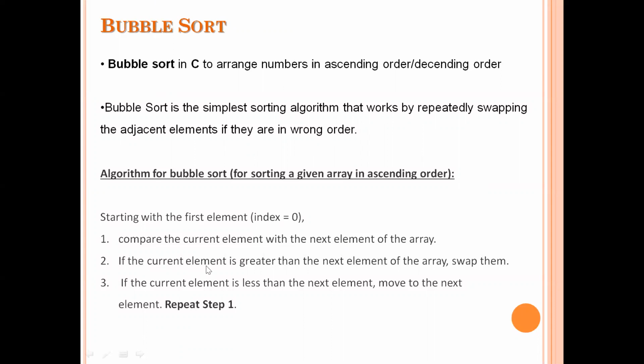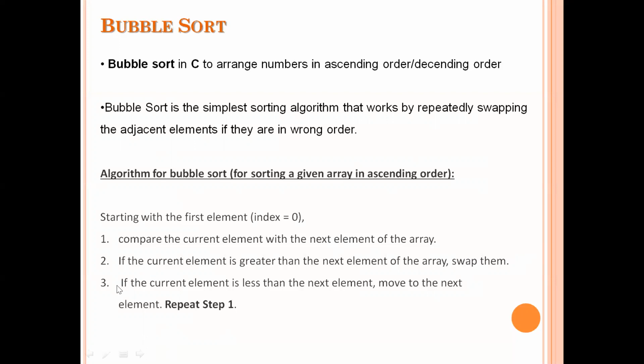If the current element, that is the 0th index element, is greater than the first index array element, then swap those two numbers, because the highest number should be in the next position. Here, if the first position has a greater element and the second position has a smaller element, it means the elements are not in the correct order, right? That is the reason why we need to swap those two numbers.